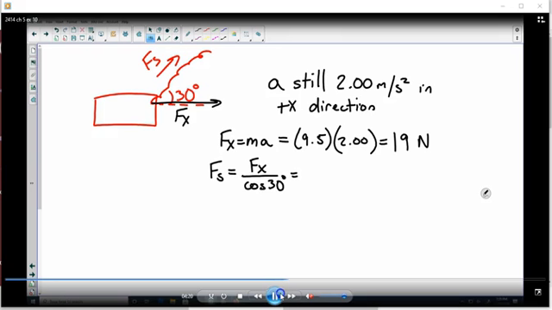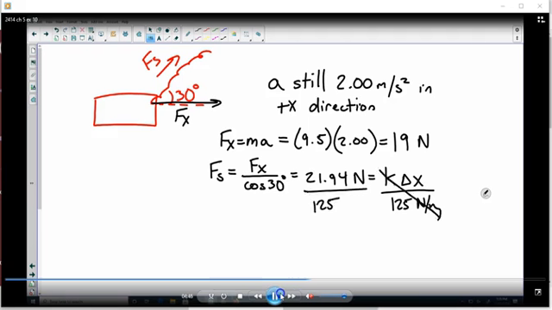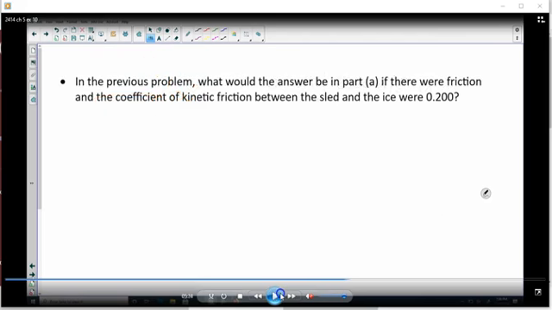So dividing by cosine of 30, we find that the force on the spring should be 21.94 newtons. And if we set this equal to the spring constant times the displacement, we determine that the spring will stretch by 0.176 meters, or 17.6 centimeters.